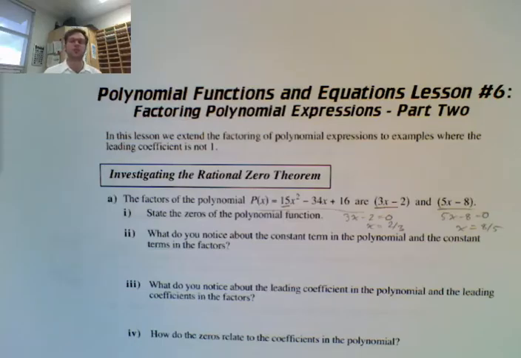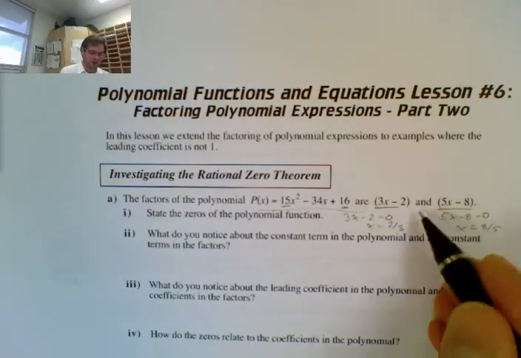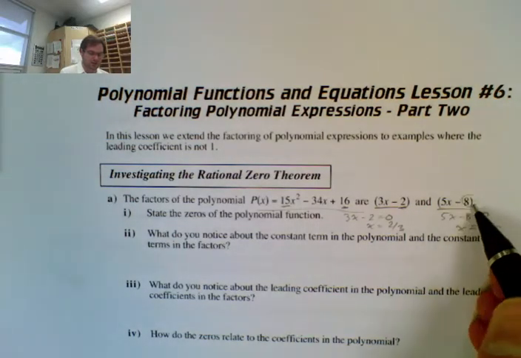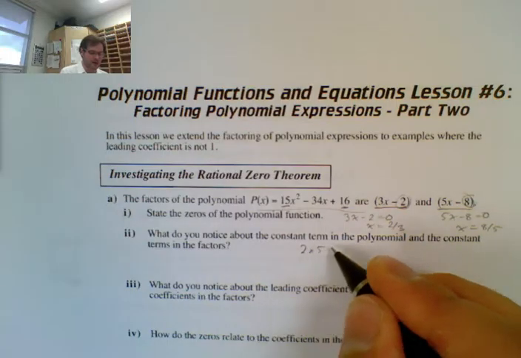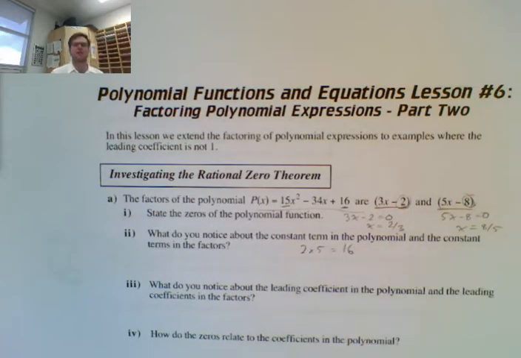Okay? Now it asks, what do you notice about the constant term in the polynomial and the constant terms in the factors? Here's my constant term in my polynomial. My two constant terms in my factors, if I multiply these together, 2 multiplied by 8, give me 16, which is the constant term in my polynomial.